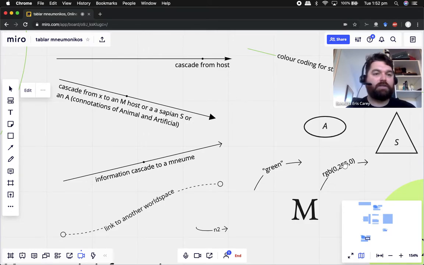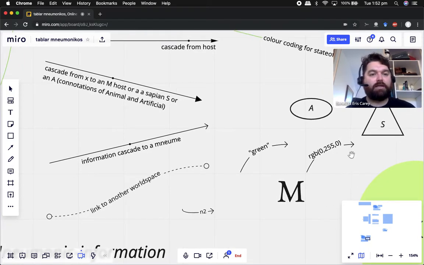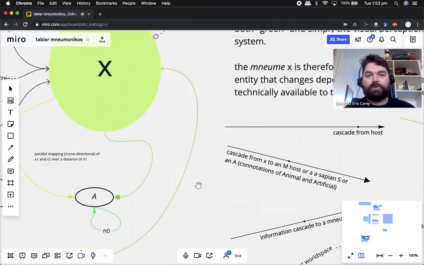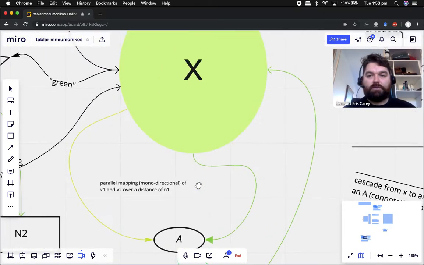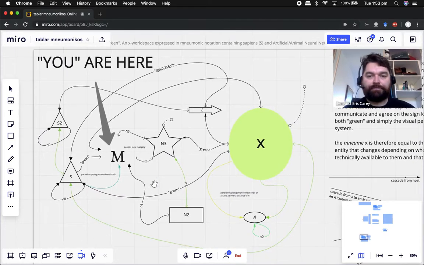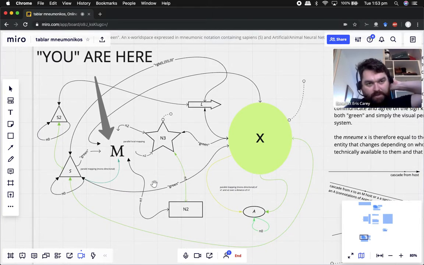These are each integers, coupled into an array, and that little array of three values gives us the RGB value of green when used with various systems. And if we tell a person this is green, then they have an idea of what we're saying. So there are a number of different agents in this graph that influence M's concept of what green is.